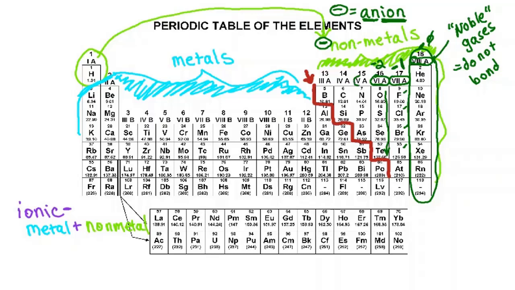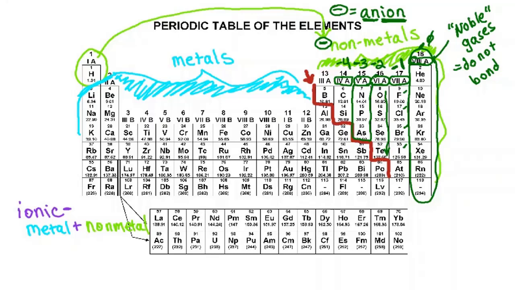Now down to 5A, column 5A, 5 minus 8 from the noble gases is a -3. So everything in this column is going to have a -3 charge. This is 4A, column 4. So 4 minus 8 is a -4.